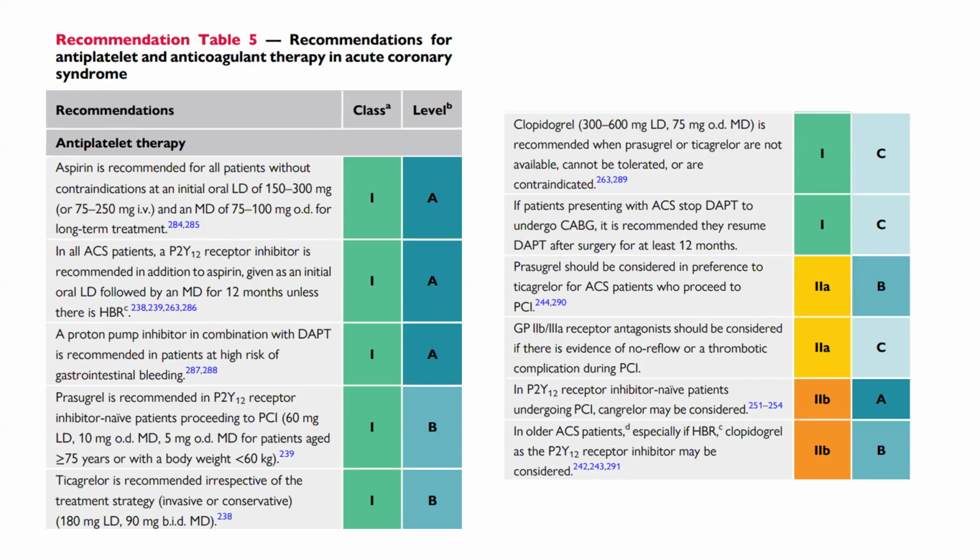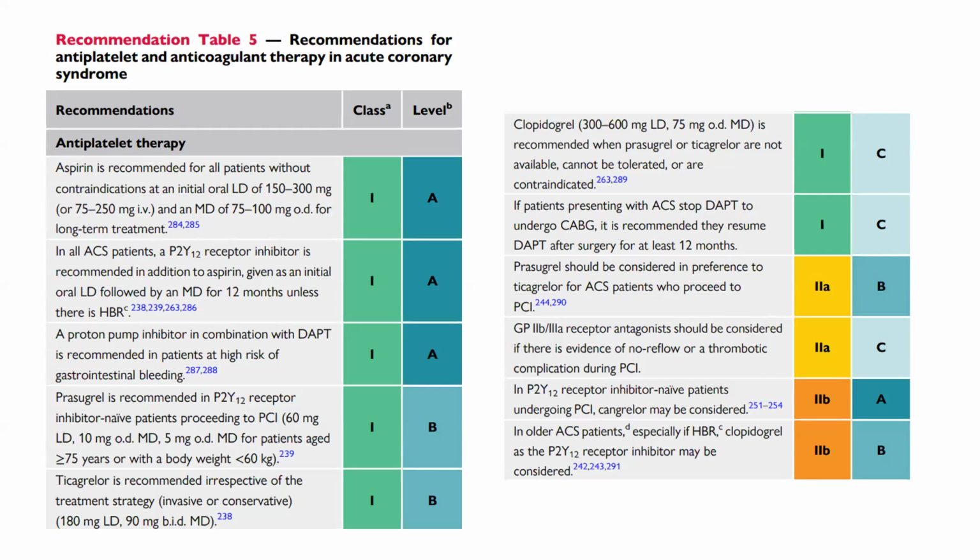Prasugrel should be considered in preference to ticagrelor for ACS patients who proceed to PCI, and the GP2B3A receptor antagonists should be considered if there's no evidence of flow, that is the no reflow or thrombotic bump. So they are more for rescue, they are not for primary.